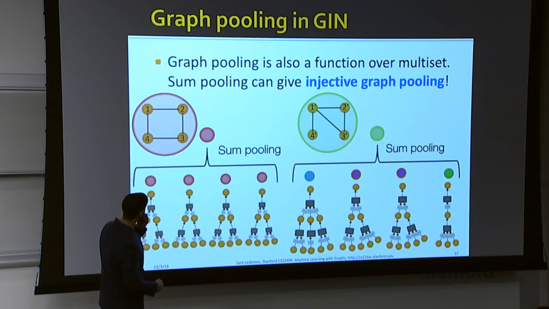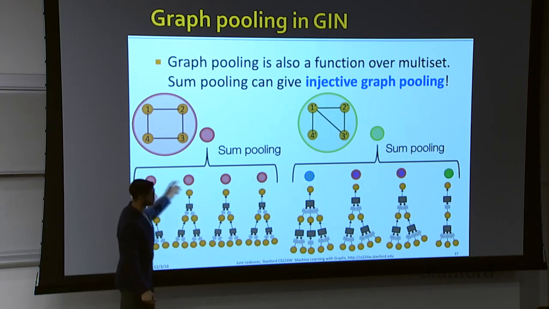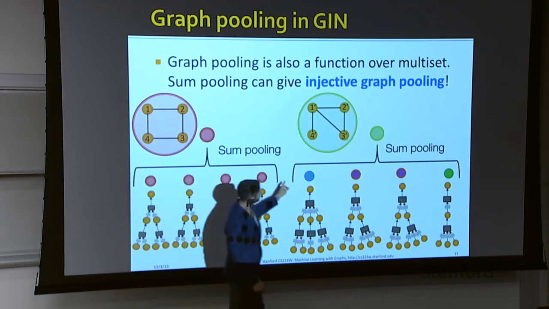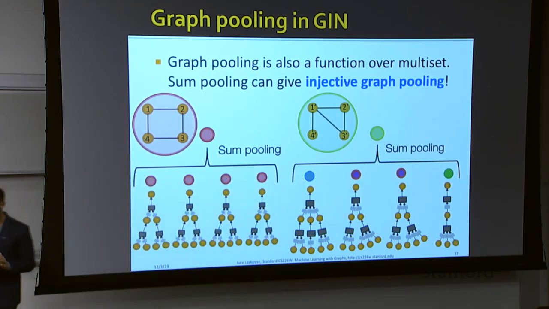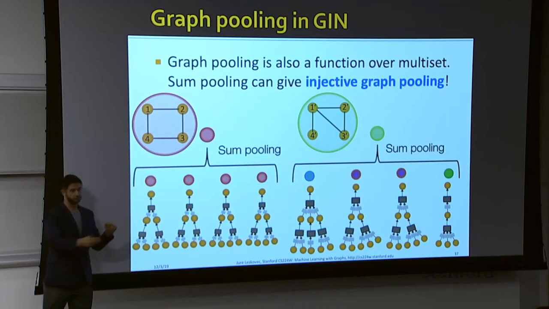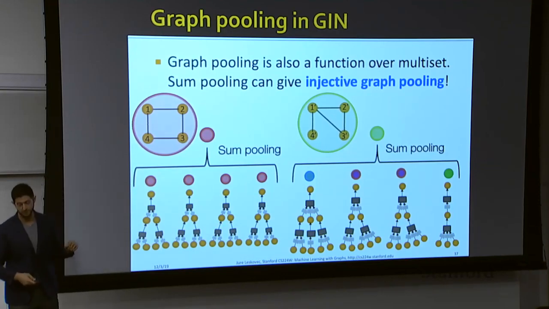Our expectation is that sum pooling will also give us injective graph pooling, because we can now sum all the representations of these different nodes. If we do sum pooling over the nodes of the second graph, we're going to get different graph representations. So the expectation is that GIN will perform better on the graph classification task compared to what we've seen with GCNs or GraphSage.